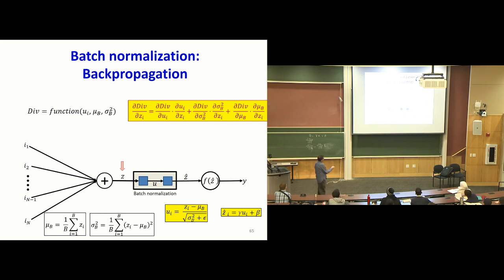u is a function of three things. It's a function of z, it's a function of the mean, and it's a function of the variance, right? So if I go back, the partial derivative of divergence with respect to z is going to be the derivative of the divergence with respect to u times the derivative of u with respect to z, plus the derivative of the divergence with respect to the variance times the derivative of the variance with respect to z, plus the derivative of the divergence with respect to the mean times the derivative of the mean with respect to z, right?